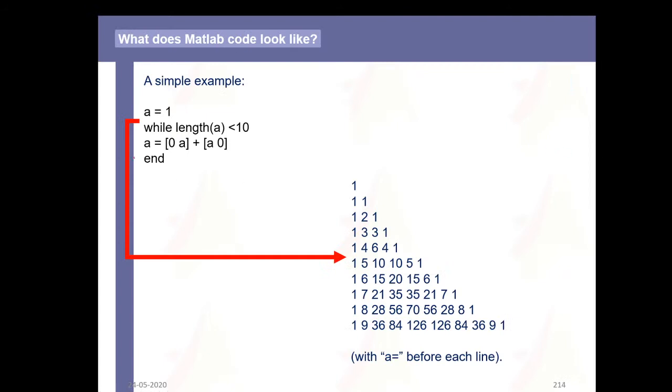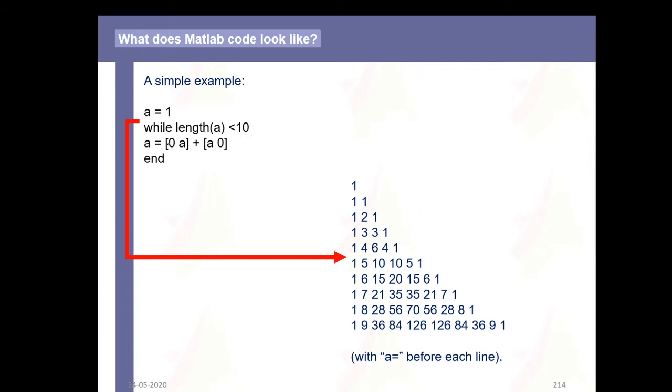Here I am giving an example of how to generate these triangular formats by using the while loop. I am initializing a as 1. The length of a is initially 1 only, less than 10, so the condition is satisfied.